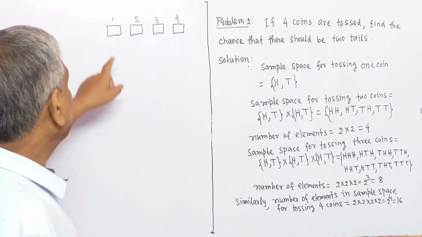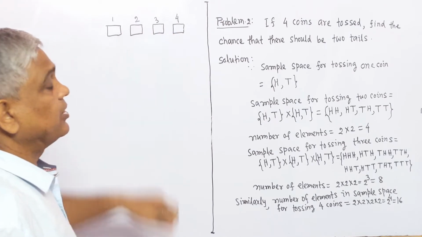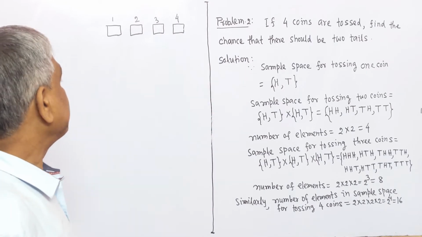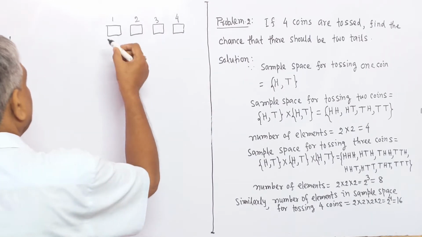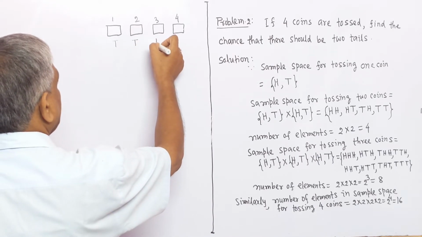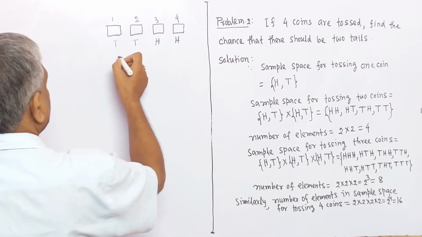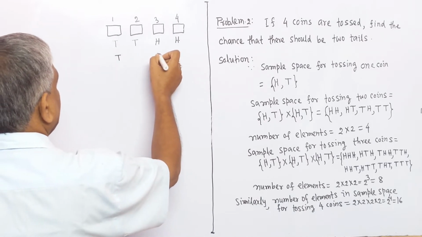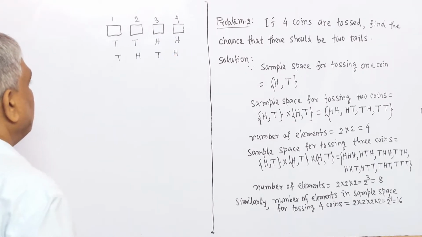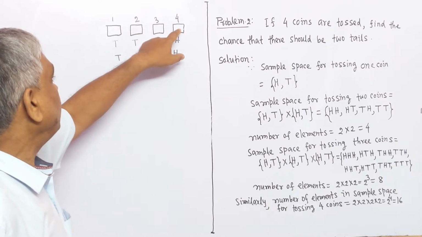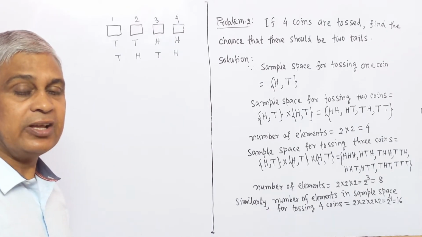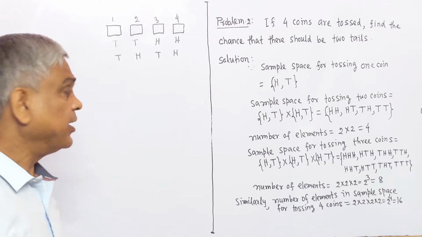Now, out of these 4 places, we should have 2 tails. That tails may be in the first place, in the second place, and rest place head, or in the first place tail, in the third place tail, rest place head. In this way, we take 2 places out of 4 places, and this is the number of elements for event.